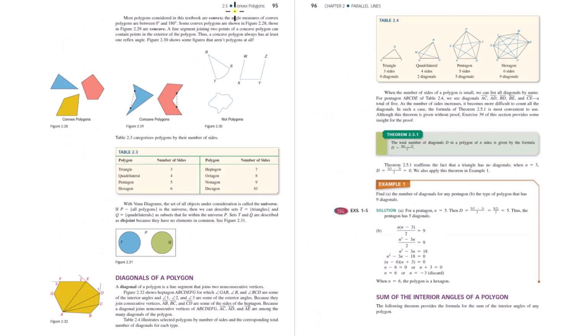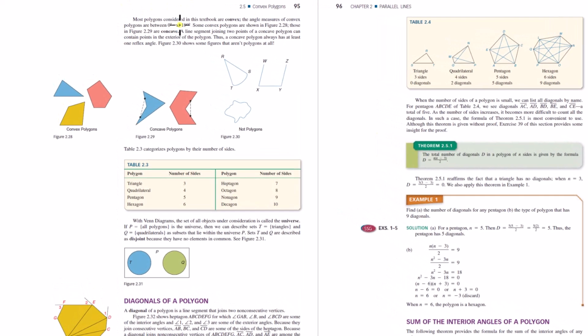Now, one thing to notice is that the title of this section is Convex Polygons. So it looks like we're mainly going to be focusing on a certain category, a certain subset of polygons. So it's probably going to be the case that triangles are a subset of convex polygons. Maybe a triangle is a convex polygon. Let's see.